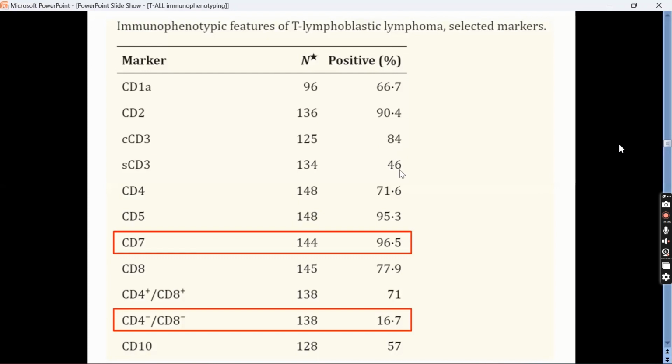Surface CD3 is expressed in 46% of cases. CD10 is expressed in only 57% of cases. It will be expressed in cortical TALL, and even some cortical TALL can show CD10 negativity.